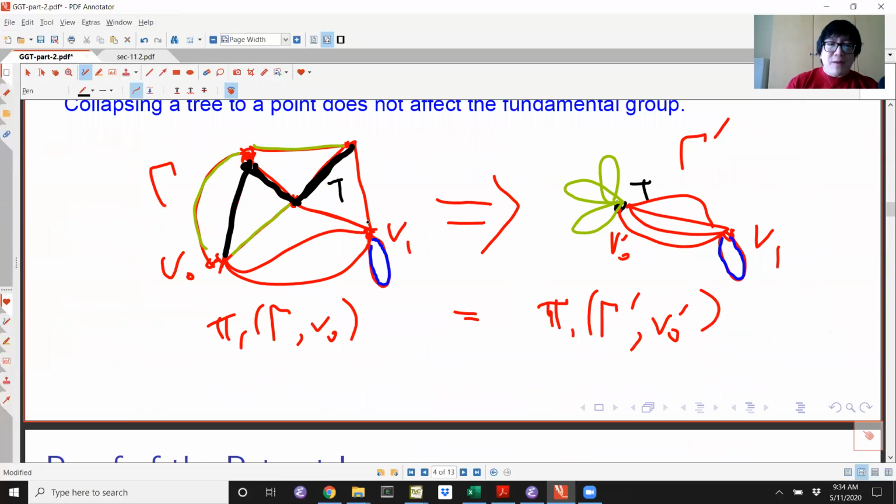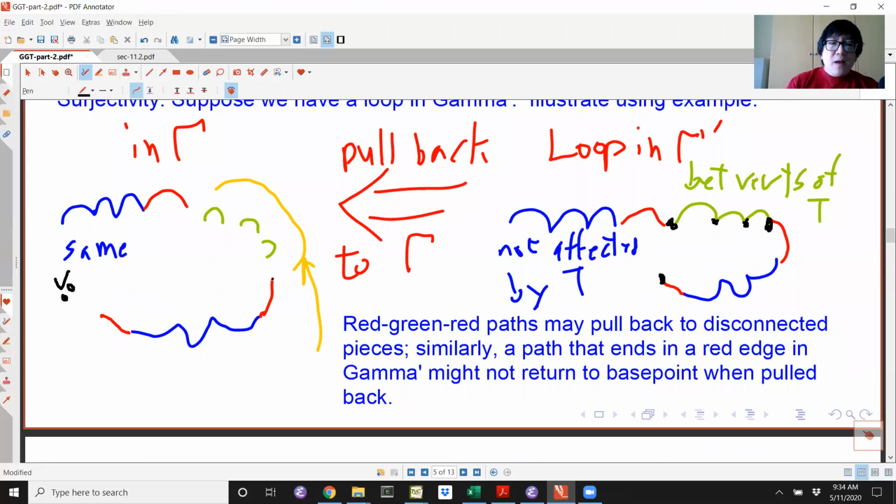Maybe when you pull back, it ends up over here, and oh no, we didn't quite get back to the base point. However, each of these ends that we were describing is actually contained in the tree over here somewhere. How did I jump over there? That was weird. This is way too fussy here.